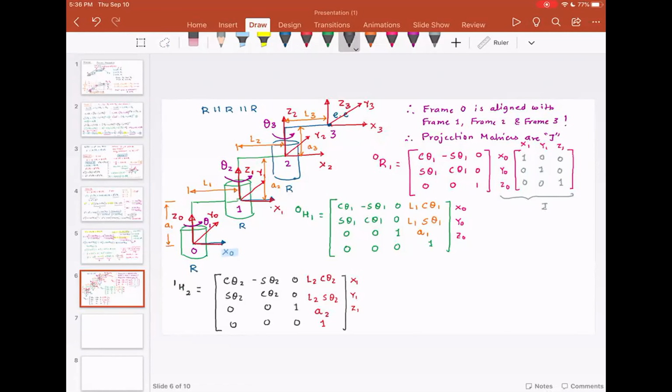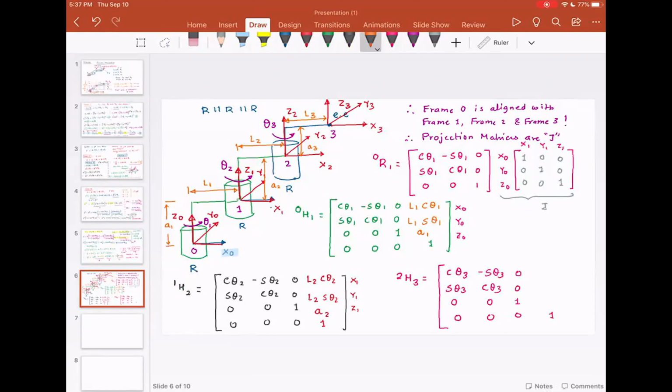Moving on, now I have 2h3. Can someone tell me how the matrix would look? Come on, follow the trend. Cosine theta 3, minus sine theta 3, 0; sine theta 3, cosine theta 3, 0; 0, 0, 1; 0, 0, 0, 1.